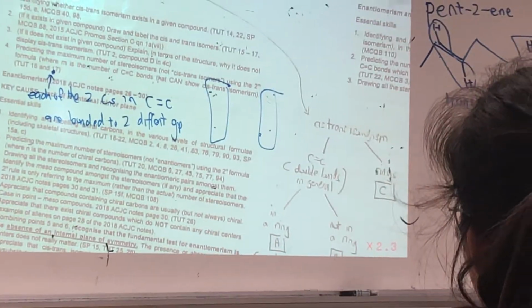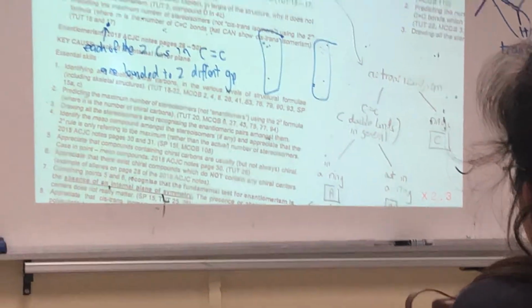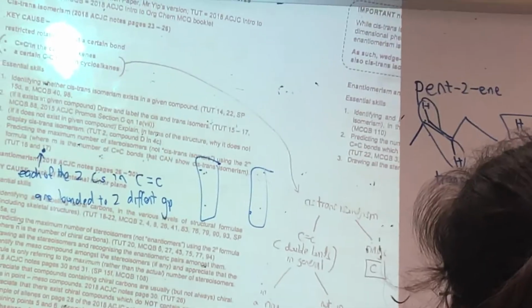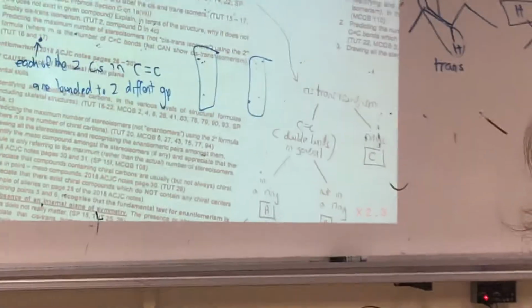An alkene can either be cis or trans. Let's just say you have a second alkene down the line. Whether it's cis or trans doesn't impact whether the first one is cis or trans. Actually, they are mutually independent events. It's like throwing a coin twice. How many outcomes do you have? 2 times 2, 4.